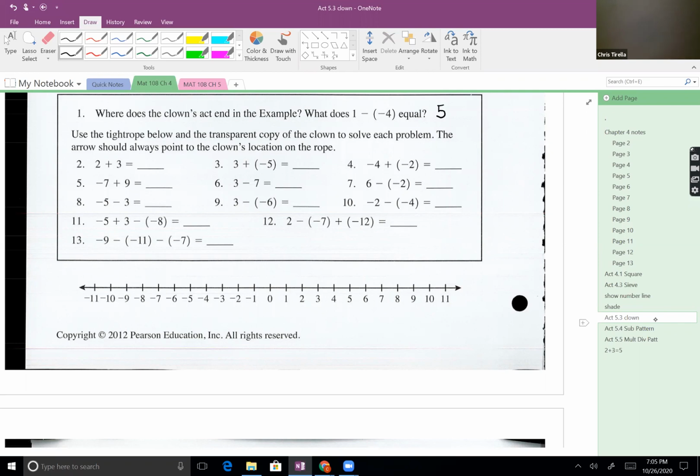Could you folks try to draw your clown pictures to come up with answers for each of these?